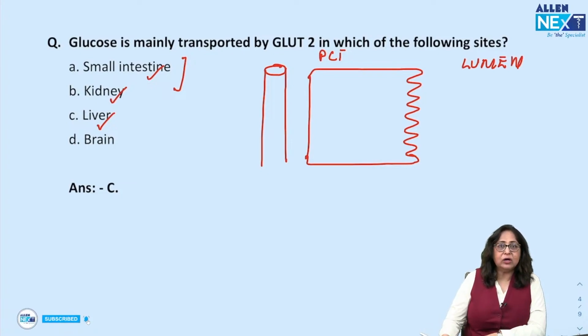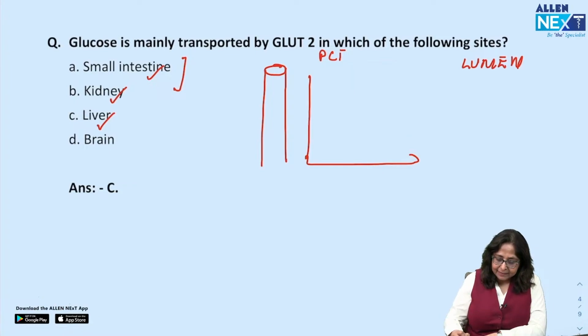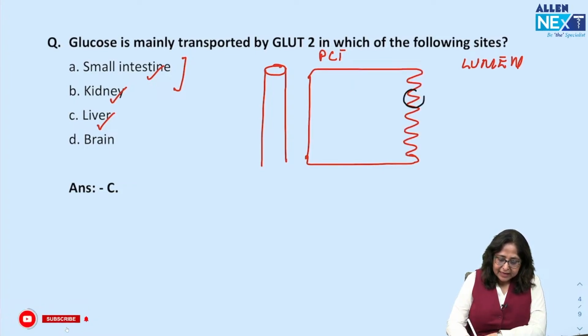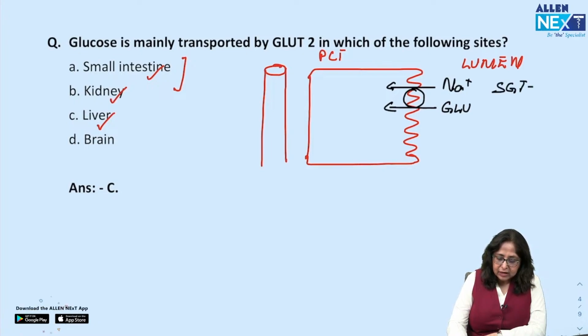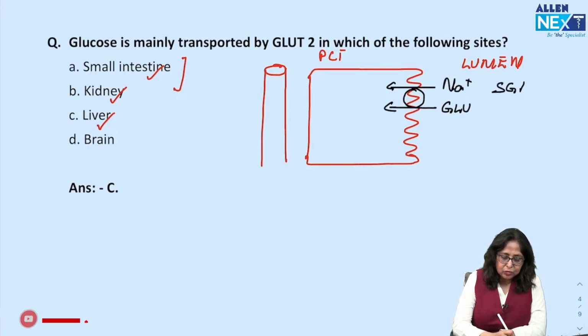The glucose transporter on the luminal side in the PCT is mainly SGLT2, sodium glucose linked transport 2.